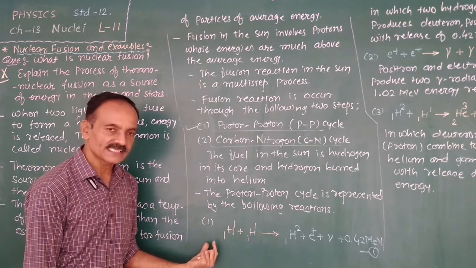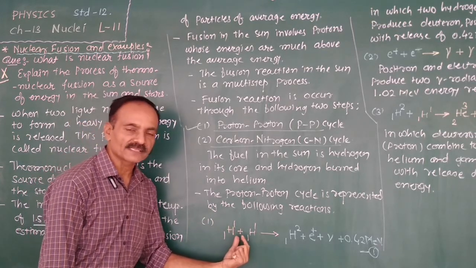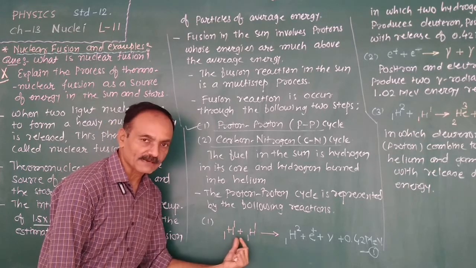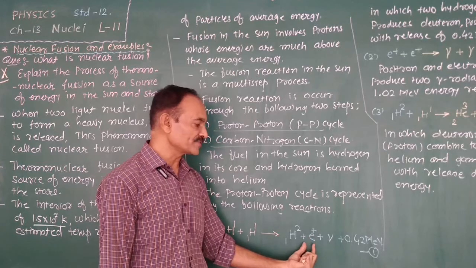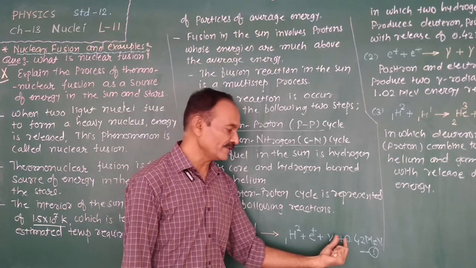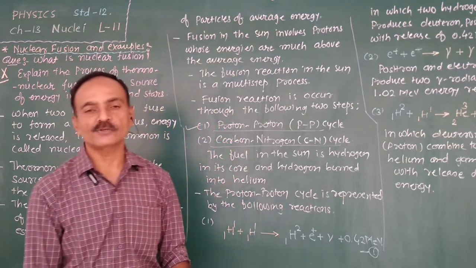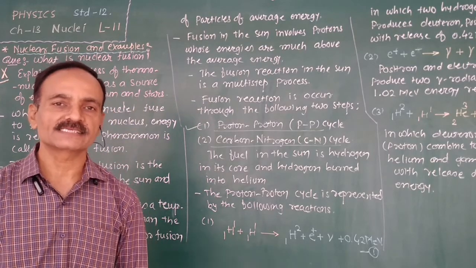So the first reaction is that hydrogen combines with hydrogen, that means a proton combines with a proton, to give deuterium, a positron, a neutrino, and 0.42 MeV energy is released.